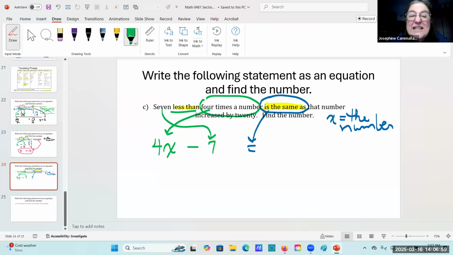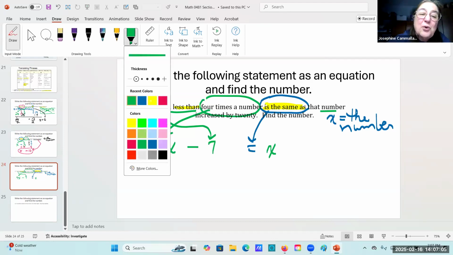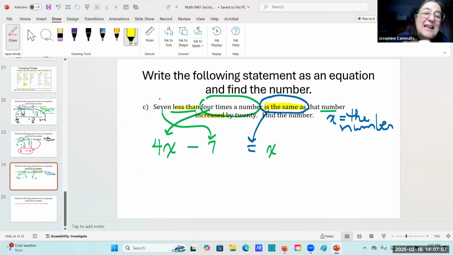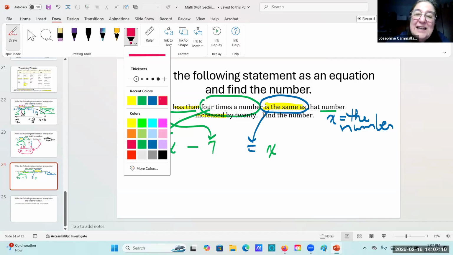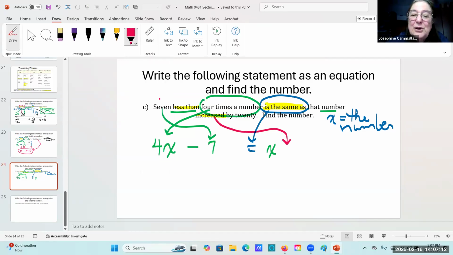Now, this is where the fun part comes in. That number is X, "increased by" is plus 20. All of those words get translated.